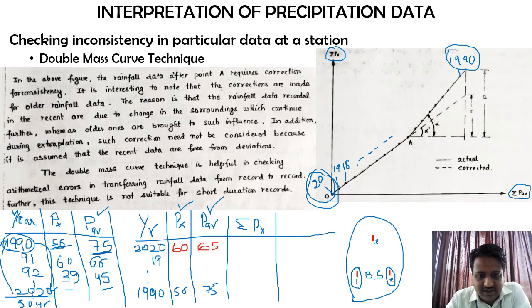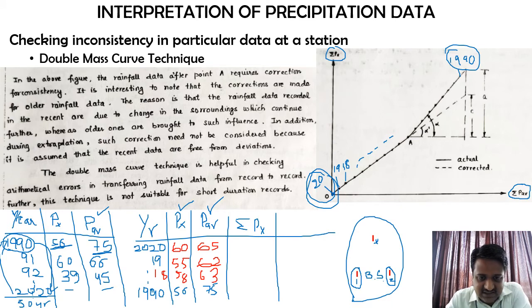Now for 2019, let us imagine this is 55, and this is, let us say, 62, something of that sort. And similarly, I'll write it for 2018, just for three readings. Here imagine again this is 58 and this is 63.